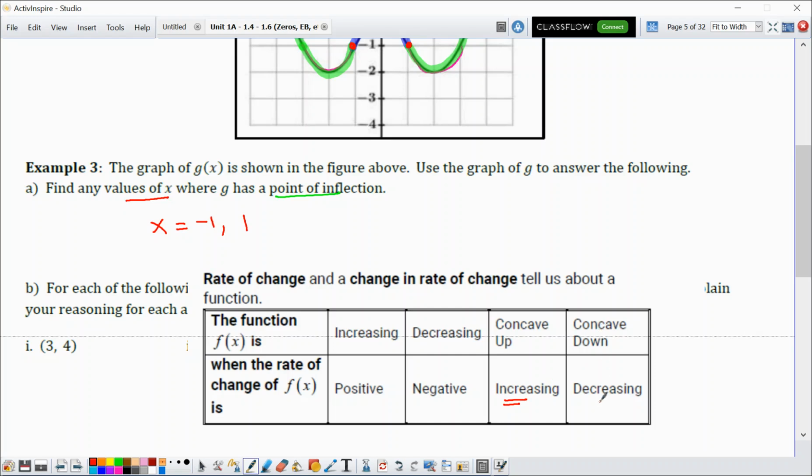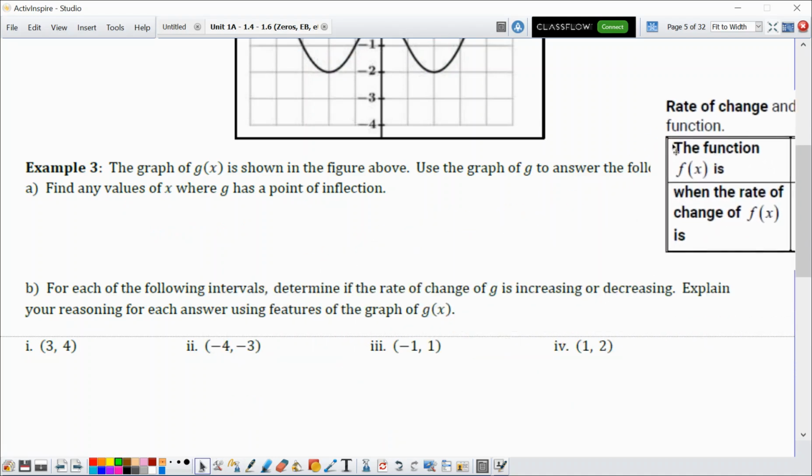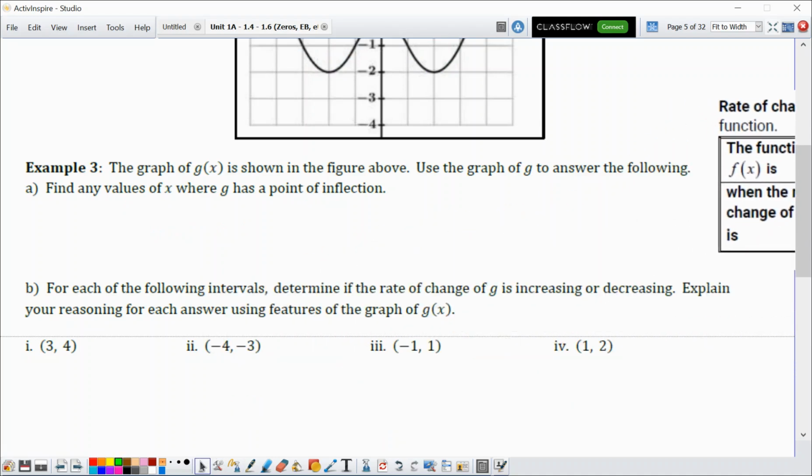If the function is concave down, rate of change is decreasing. If the rate of change is negative, decreasing, then it's concave down. Now remember, we are not talking about the function, we are talking about the slopes, which is a rate.